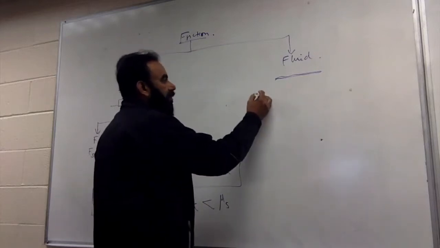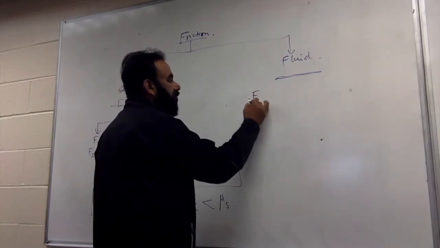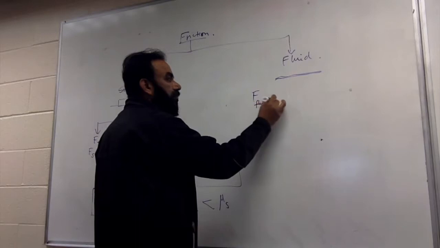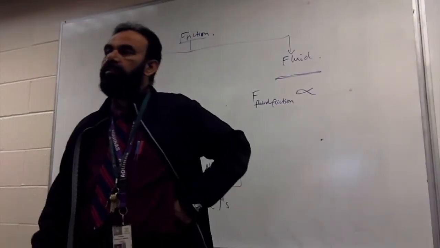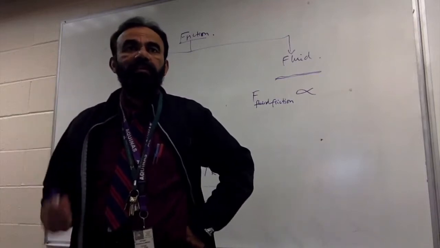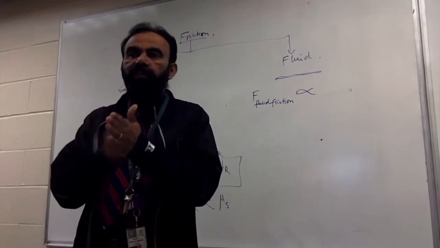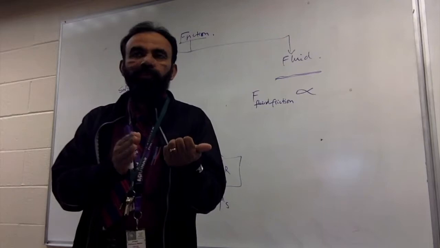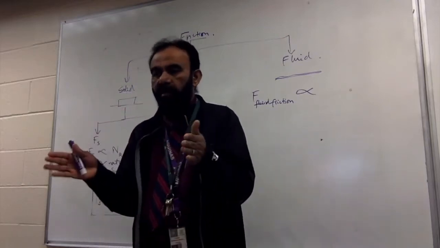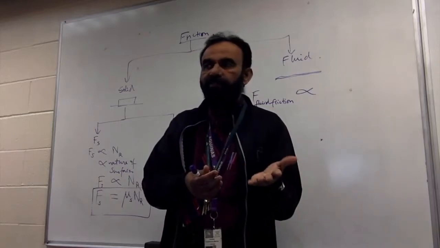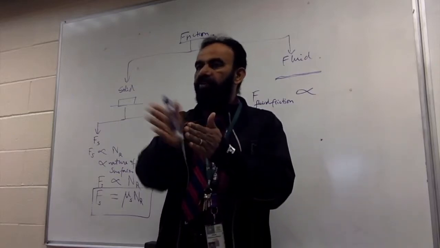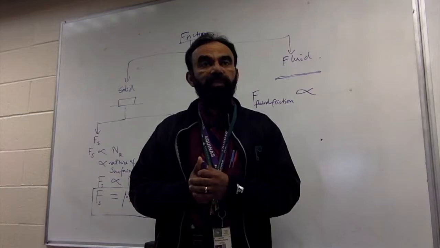Now what factors does fluid friction depend on? So what is fluid friction? Again, it is the friction between one fluid layer against the other fluid layer. Let's say your car, there's a fluid layer stuck with your car, and there is a stagnant fluid layer on the road. So when you're moving, those two fluid layers are rubbing against each other.